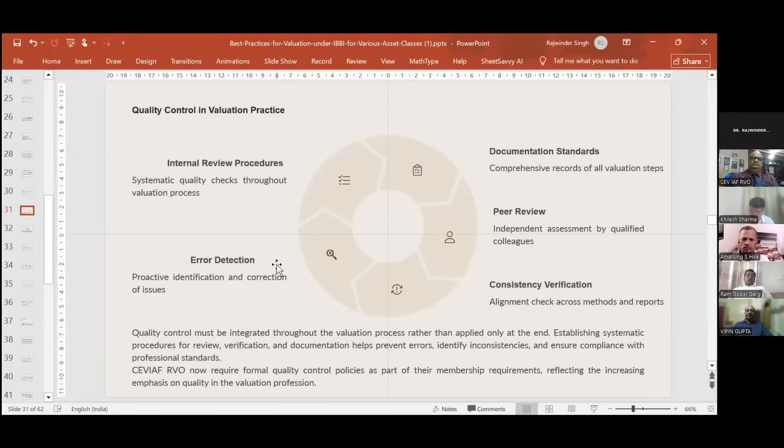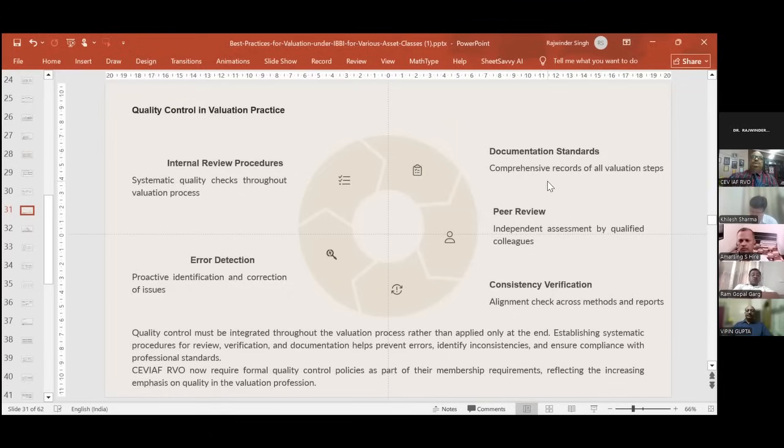You must have systematic quality checks throughout the valuation process. Second thing, you should maintain comprehensive records of all the valuation steps you have taken.